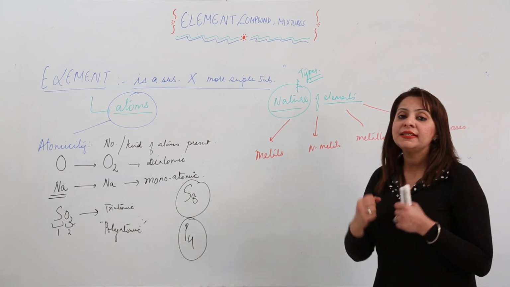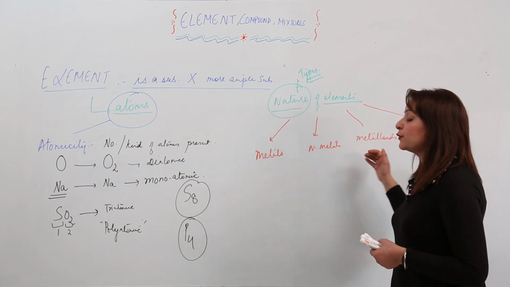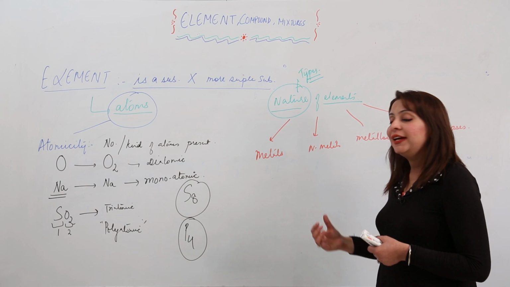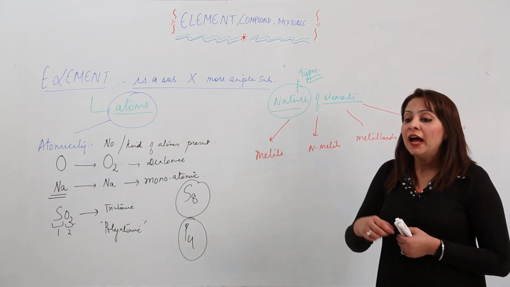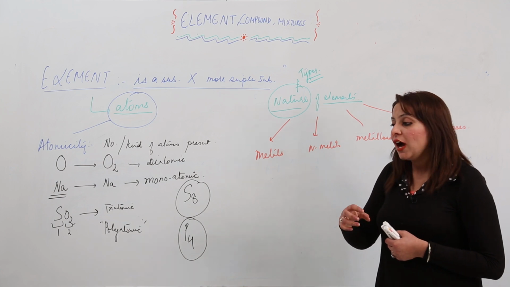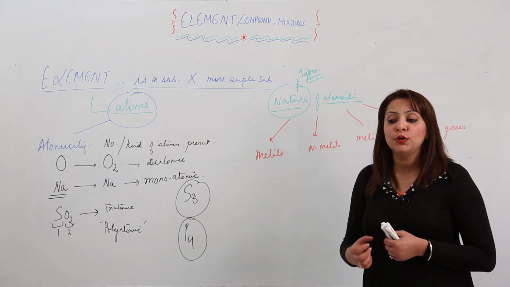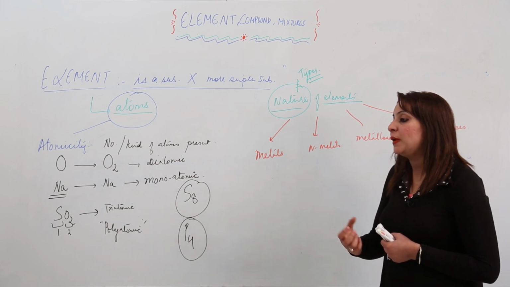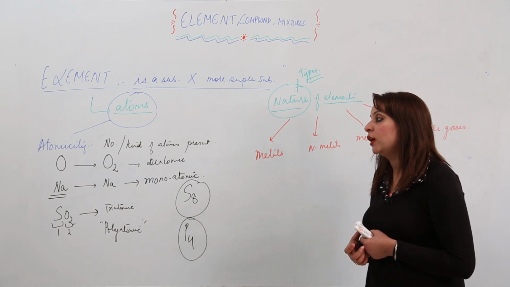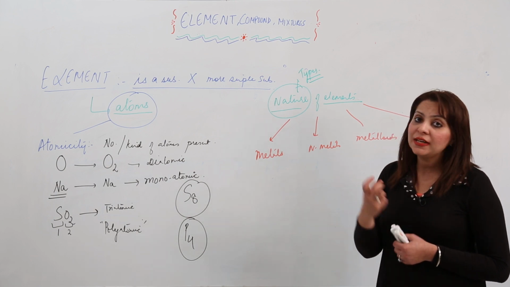Now, what is the criteria behind classifying the elements into the 4 categories? The criteria is only the physical and chemical properties they show. That is, how they conduct electricity, do they produce heat if current is passed, are they sonorous, are they lustrous.